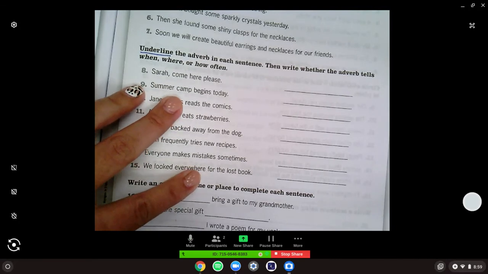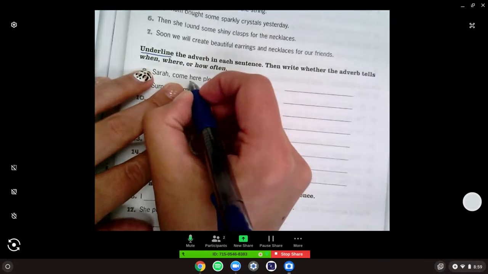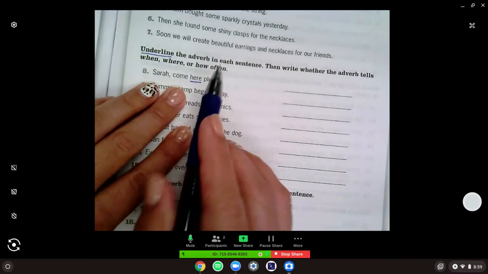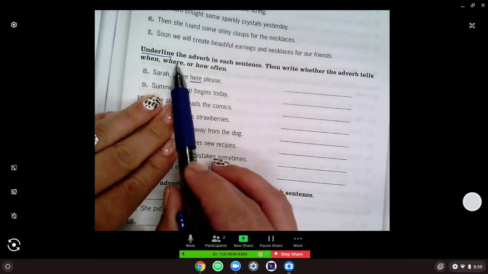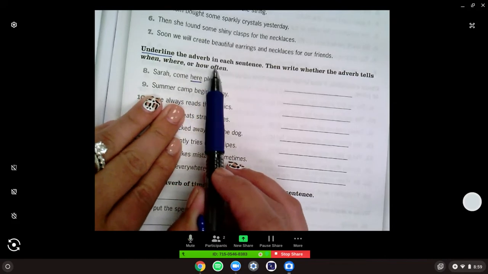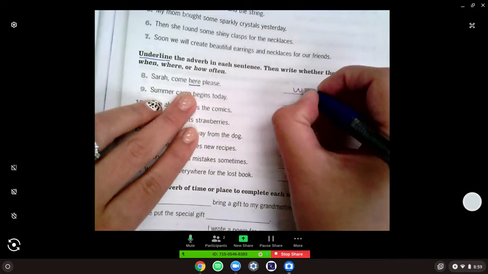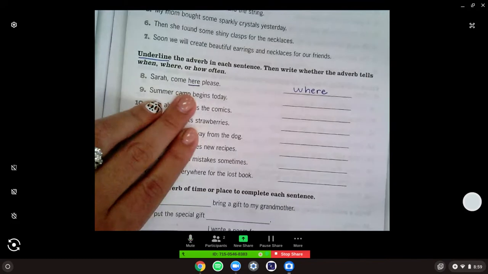Amelia? Not come. That's a verb. Alasia? Here. So we want to underline here. Does here tell us when? Does it tell us where or how often? It's where. So we would write where on the line.